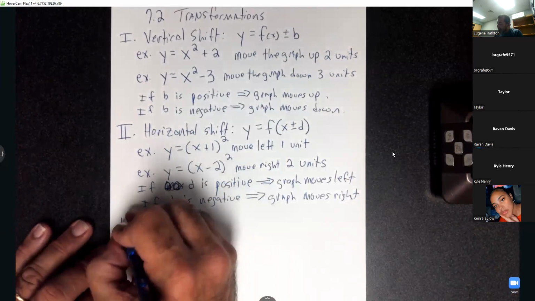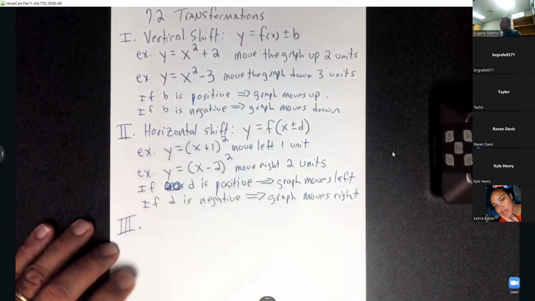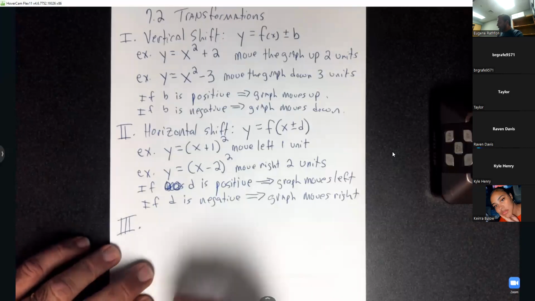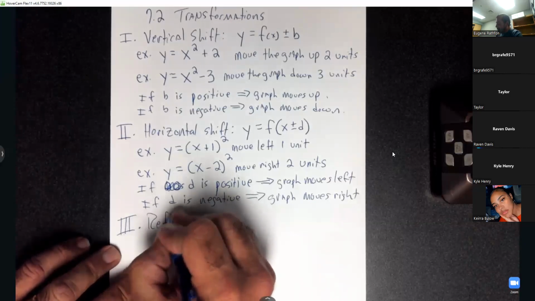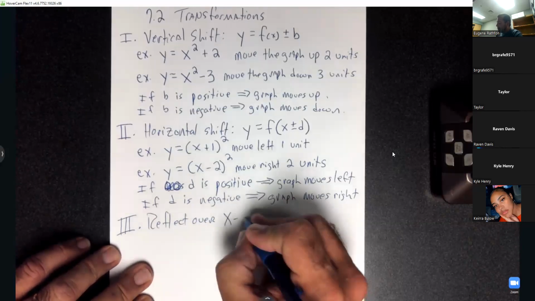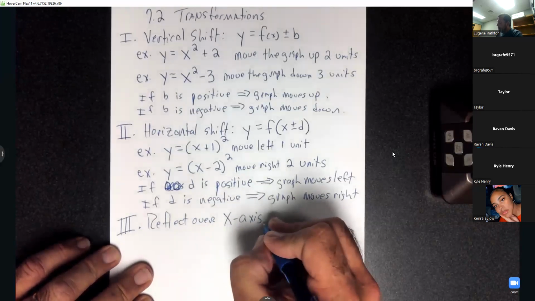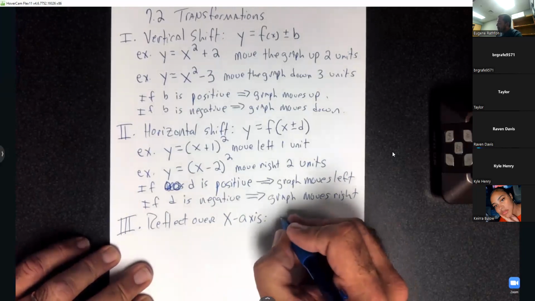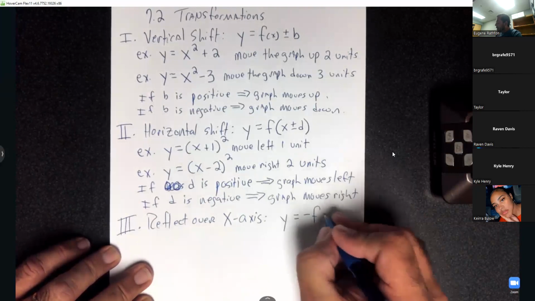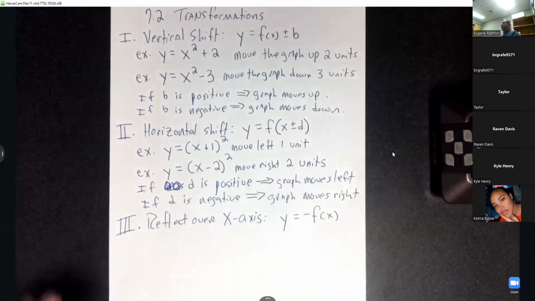And y'all, the last shift we'll look at is a reflection over the x-axis. So that'll look like y equals negative f of x.